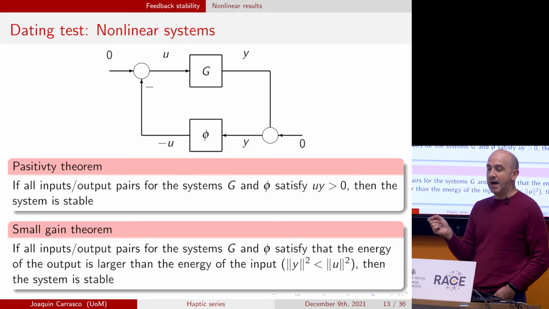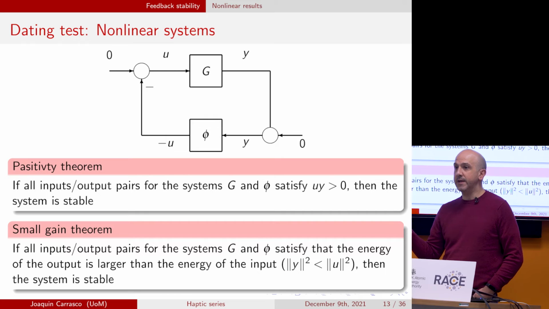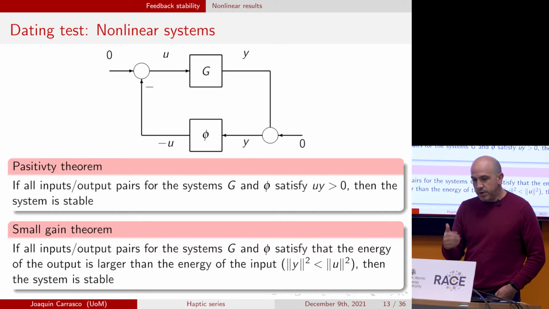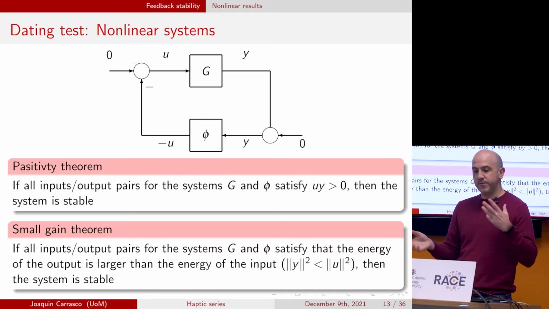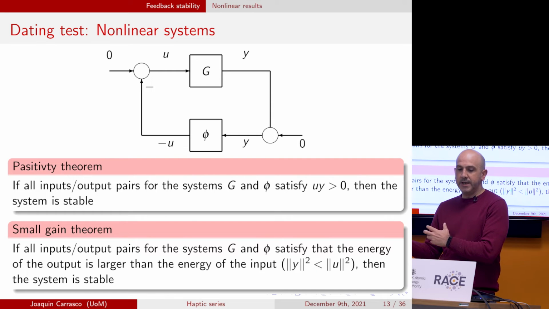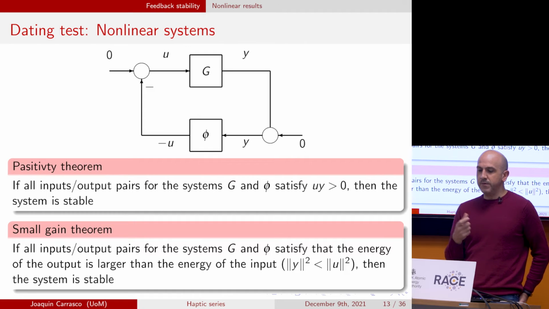You will have that now the u needs to be larger than the y. So you can think in a simple manner of these two concepts, passivity theorem and small gain theorem, as we do with linear systems. With nonlinear systems, we need a different type of formulation that sometimes can be a little bit more convoluted, but the concept is more or less the same.